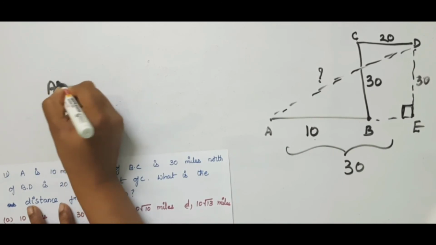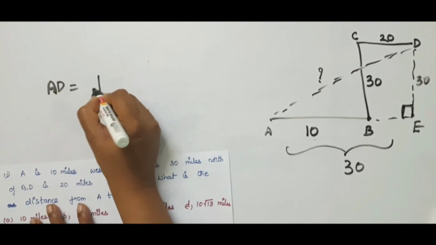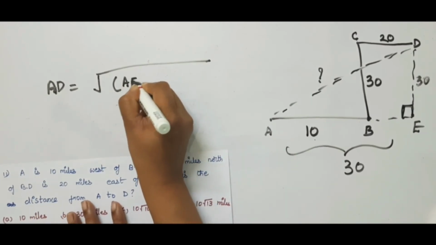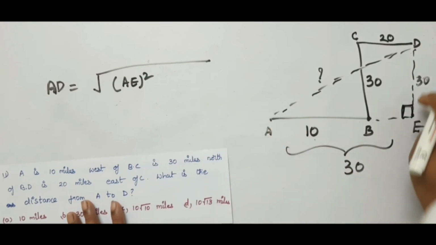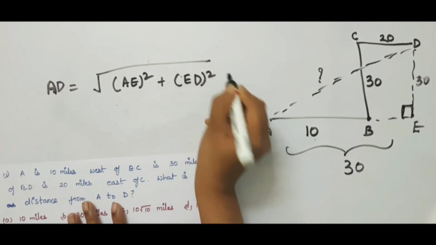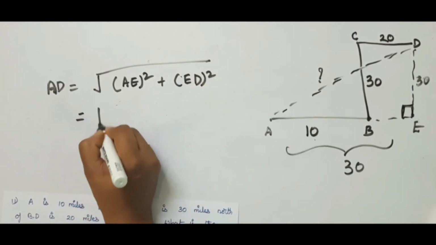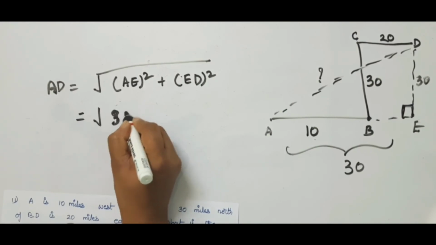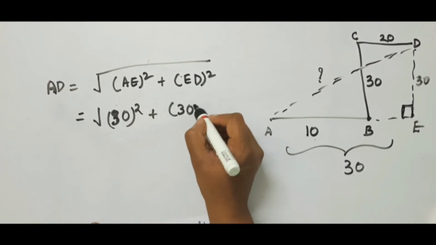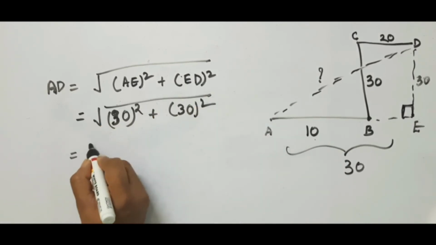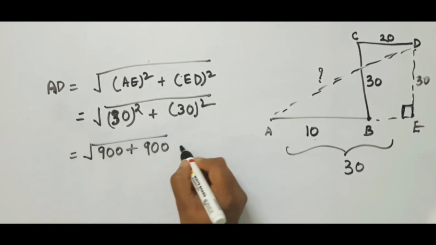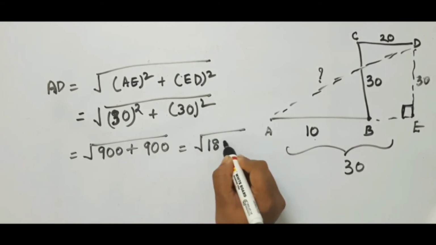So AD is equal to the square root of AE square plus ED square, that is, the square root of 30 whole square plus 30 whole square. So this is equal to the square root of 900 plus 900. This can be written as the square root of 1800.